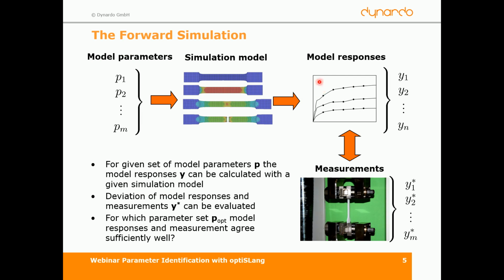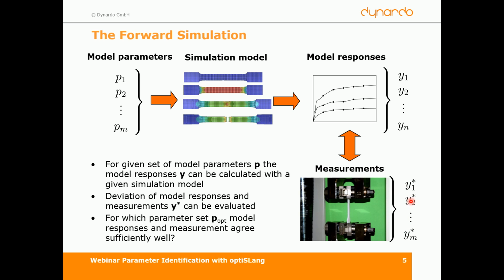And this can be done with a so-called forward simulation. Therefore, you need some simulation model with model parameters P1 until Pm as input parameters, and we modify these parameters in order to obtain model responses y1 until yn. And these model responses we can compare with the measurement y star 1 and so on.